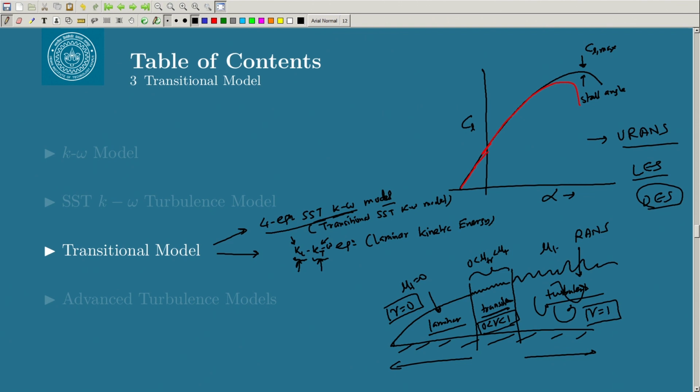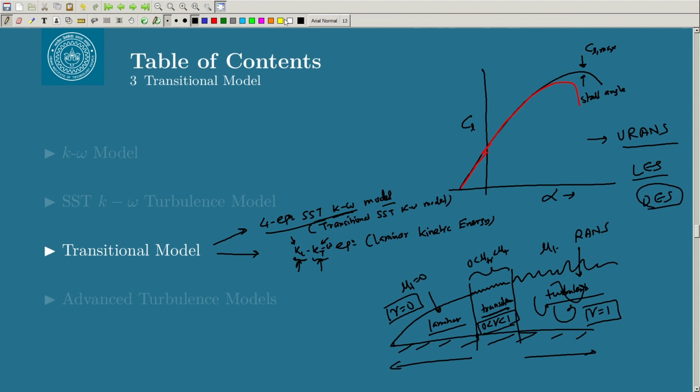But then there is another question: how do you find out where in the flow this gamma should be 0, where it should be 1, or where it will be between 0 and 1. That is another problem that we have. That means, how do you find out the onset of the transition.